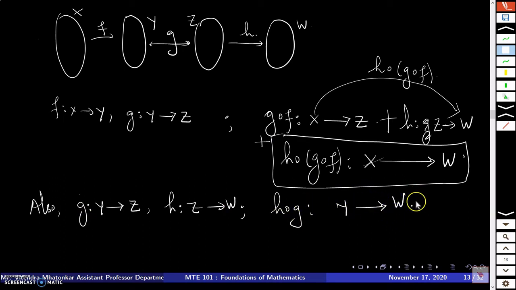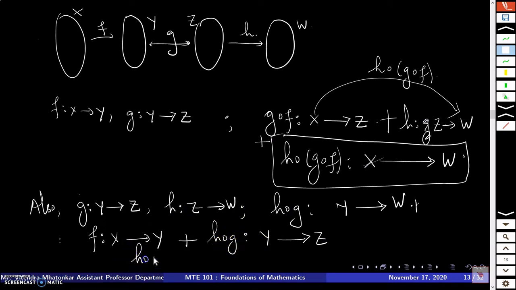Right? Along with this, what we have, f, which is from X to Y, plus h composite g, which is a map from Y to W. So the codomain of f is the same as the domain of h composite g.